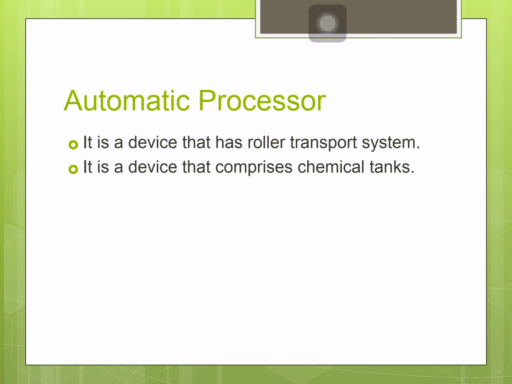We will feed the exposed film containing the latent image into the automatic processor, and with the help of our roller transport system, it could pass through our chemical tanks that will develop our latent image into manifest image, and then it will exit our machine with a manifest dry radiograph.